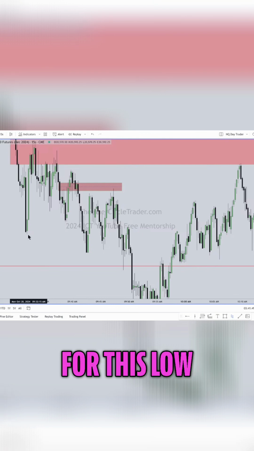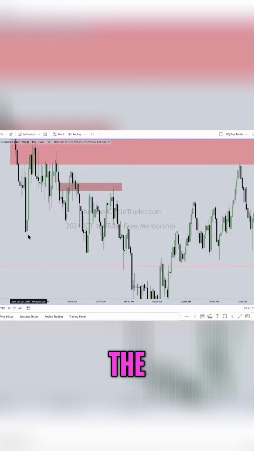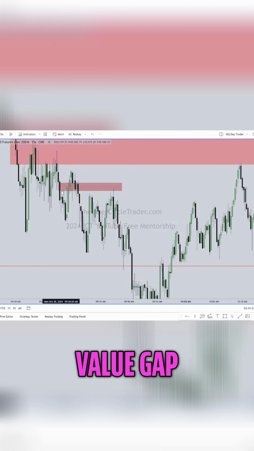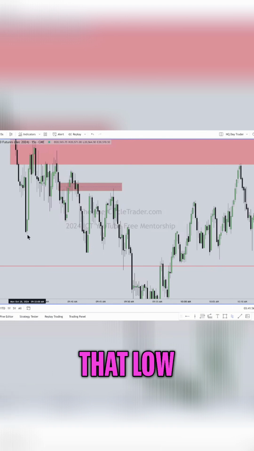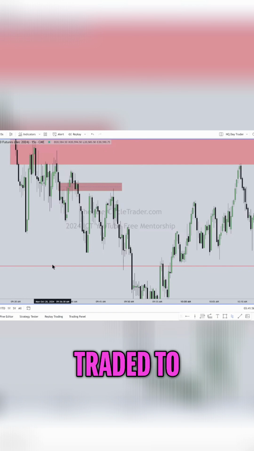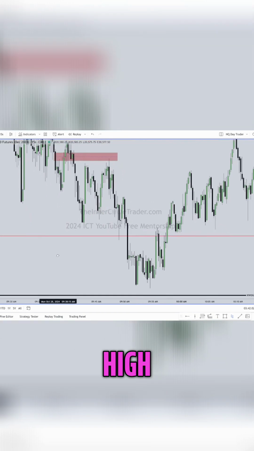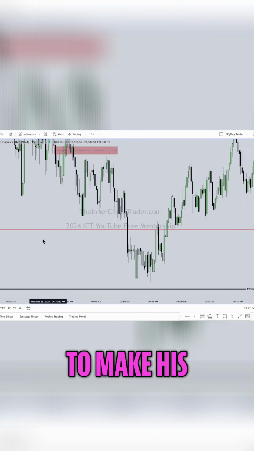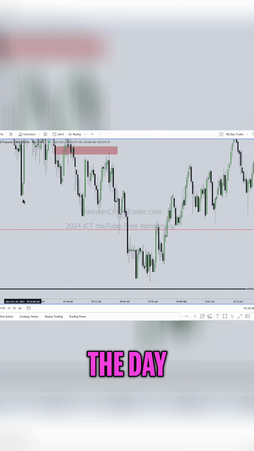So if he's aiming for this low for sell side, because it's in the direction from the entry on this fair value gap, aiming to get below that low, he doesn't need the mid gap to be traded to. He doesn't need the new week opening gap high to be traded to make his money, to make his meal ticket for the day.